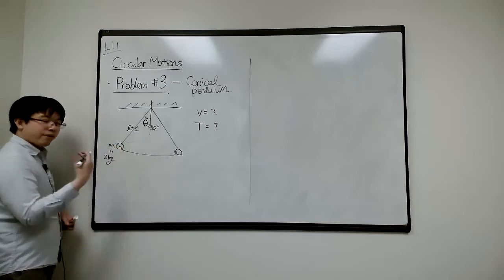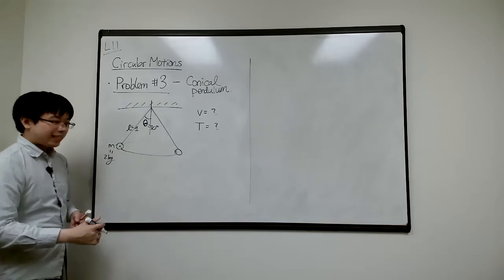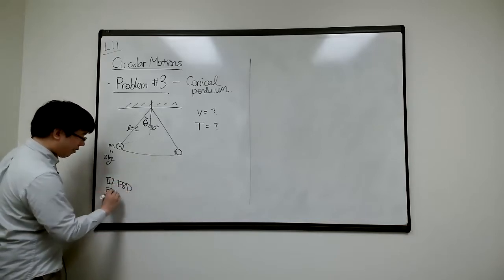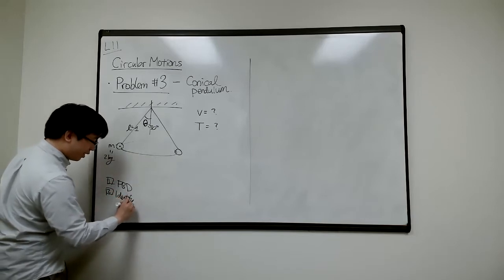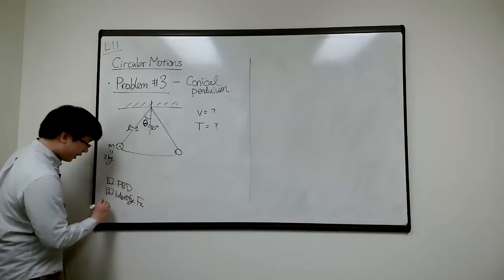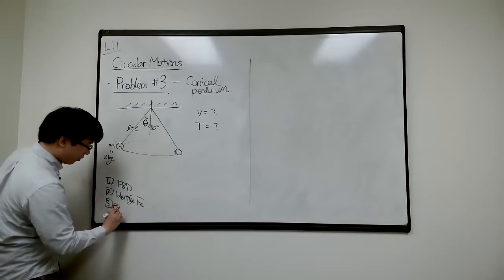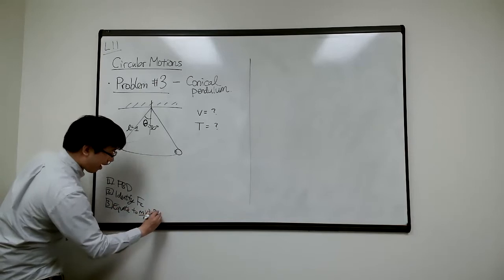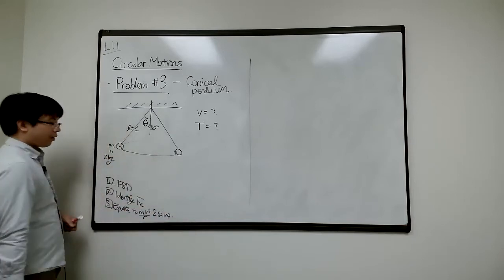So again, start with the free body diagram, identify your centripetal forces and equate to mv squared over r and solve for whatever you're looking for. All right.